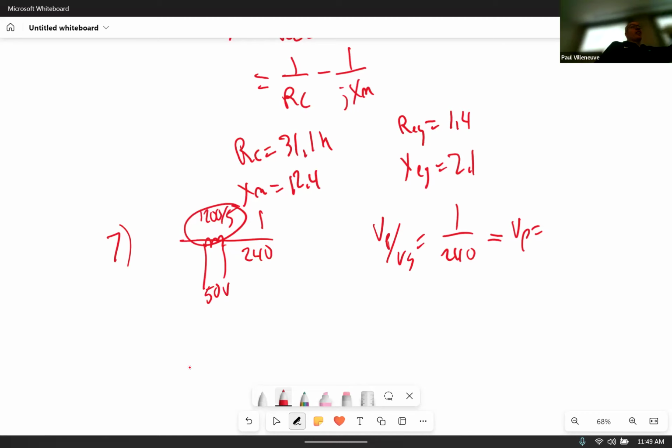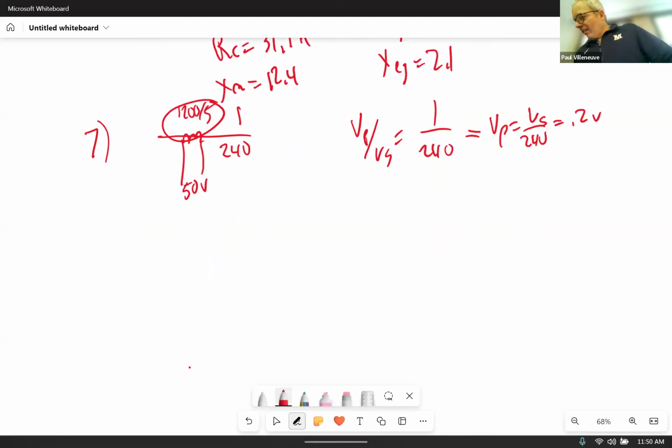So the voltage has to increase on the secondary for the current to decrease. They're the opposite of each other. So VP is equal to VS divided by 240, which I had as about 0.2 volts. And that's important to us because we don't want big voltage drops in our system, right? So a 0.2 volt drop across that CT is not that big of a deal.